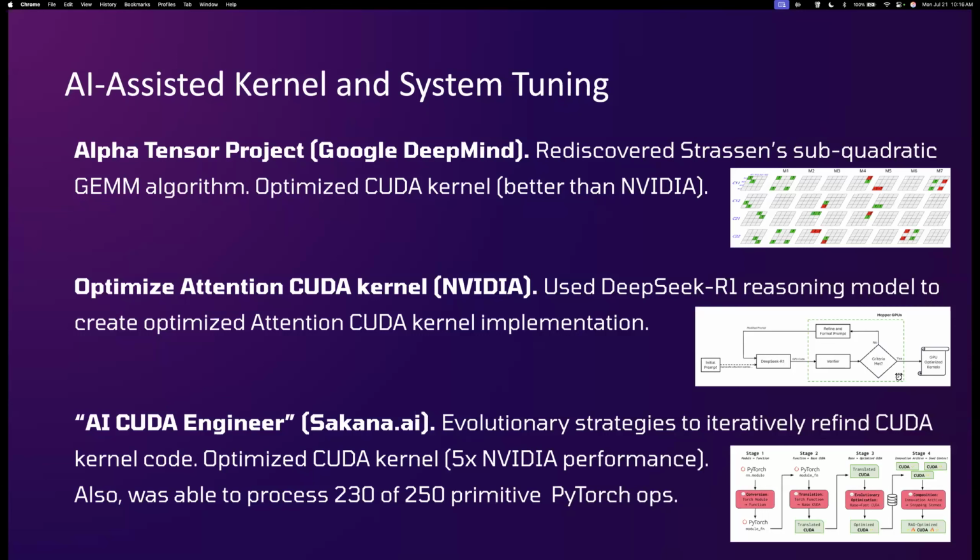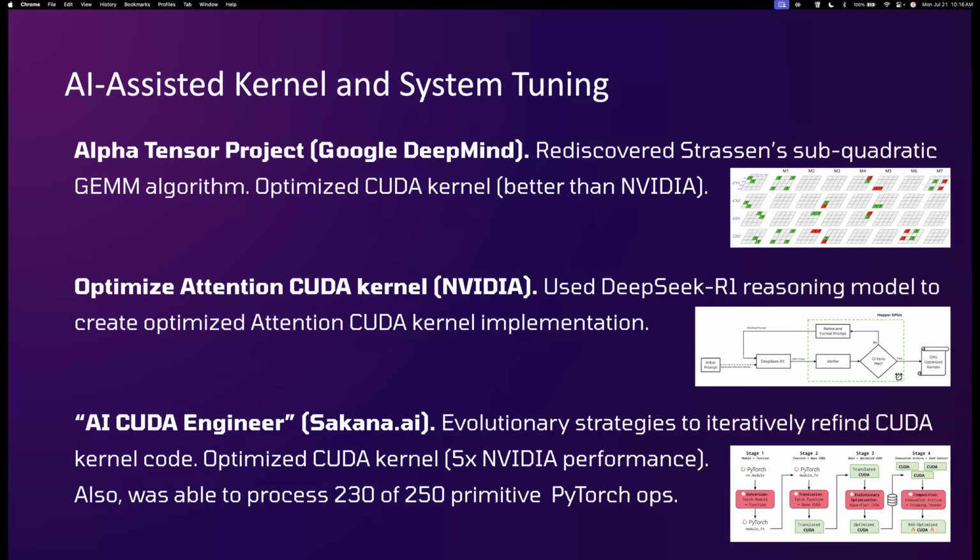And so they used DeepSeek R1, put it in a self-refining loop. They have a verifier that can verify the code and compare it against the baseline performance, to actually compute the attention.